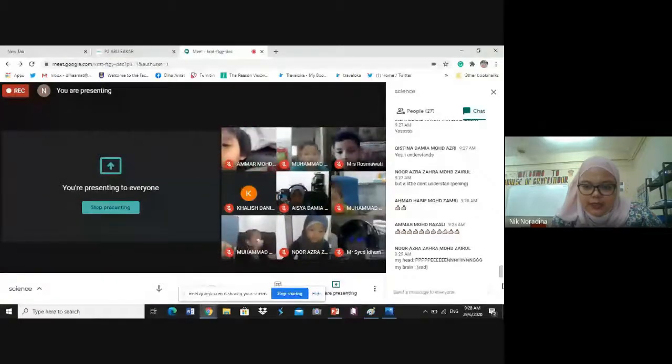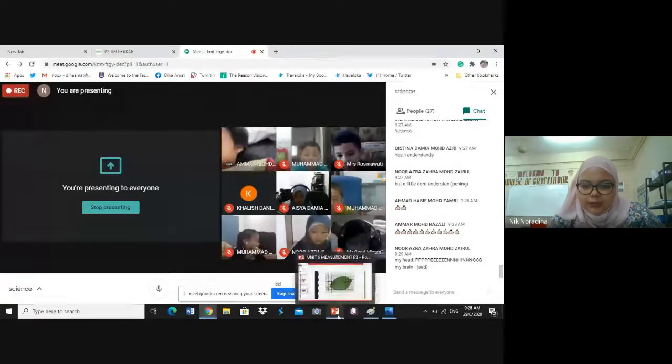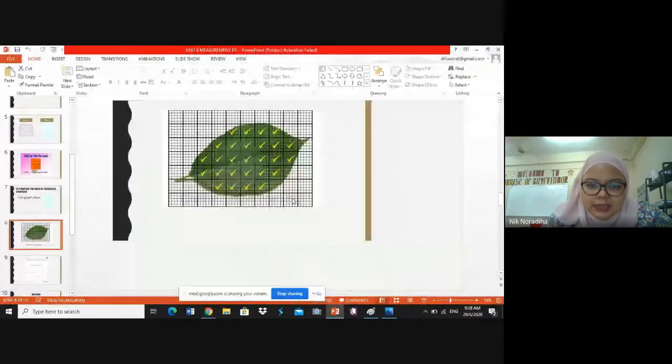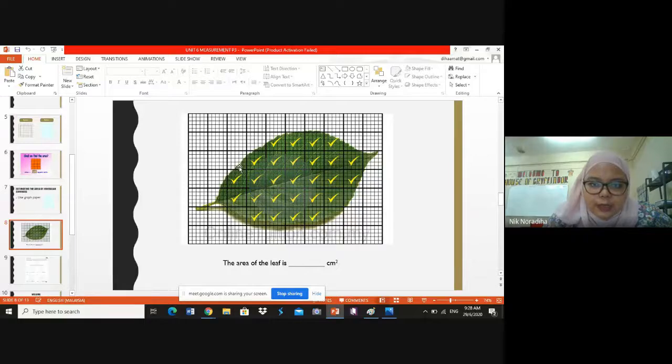So you count it. Look at your screen now. If you can see here, this square, the shape of the leaf didn't exceed half, so that's why we didn't count it. For this one, it exceeds half, so we count it and tick it with a yellow tick here. Here also exceeds half, we will count it. Here exceeds half, and here is a full square, so of course we will count it as well.